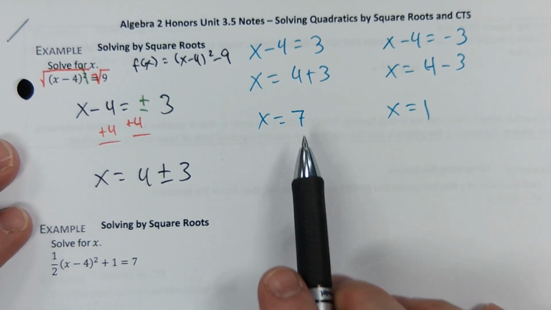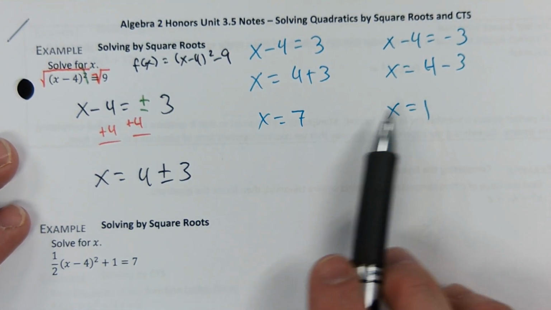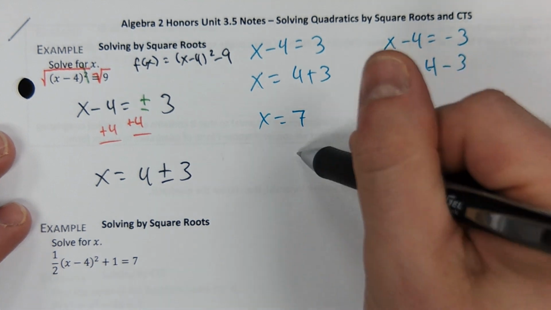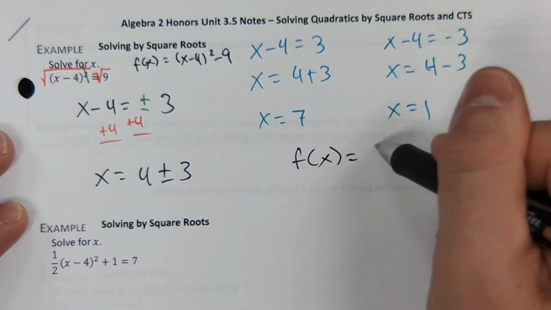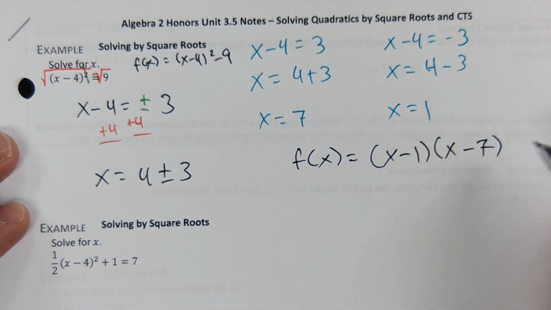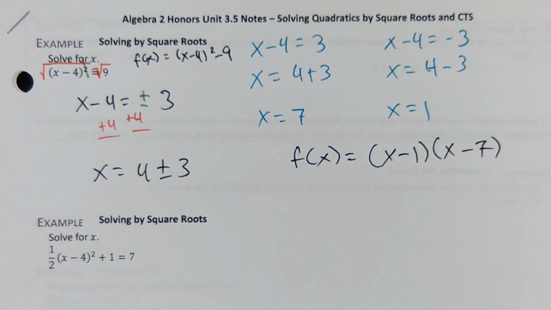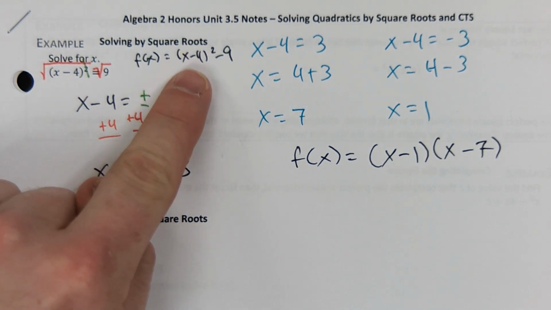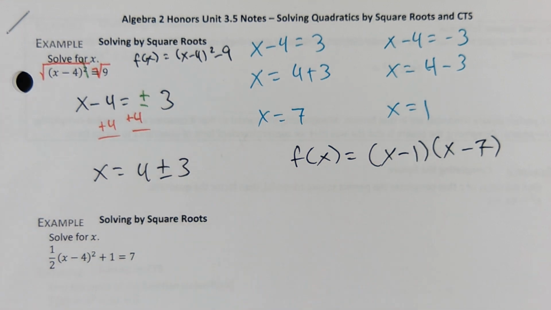And we just found out that it crosses the x-axis at 1 and 7. Which means, really? This is the same quadratic. So we now have an efficient way of moving between vertex form and intercept form without graphing.